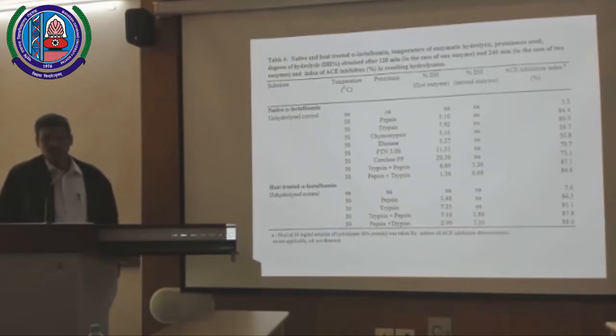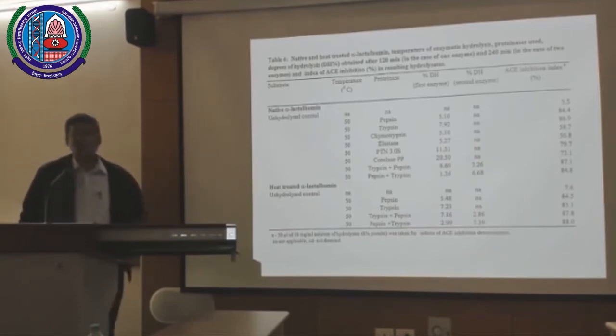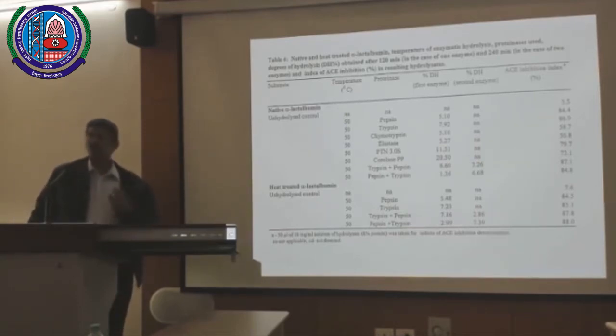So I will talk about the degree of hydrolysis of the different proteins here, treated and untreated. But first, to understand the composition of whey protein: we discussed beta-conglycinin, and then the acidic subunit and basic subunit, and the soya protein itself.